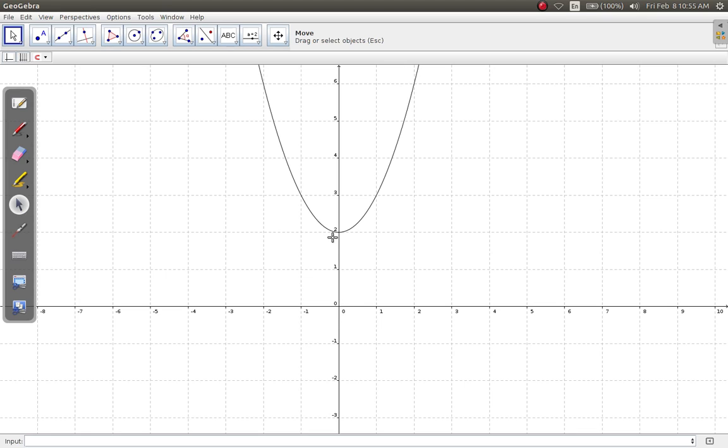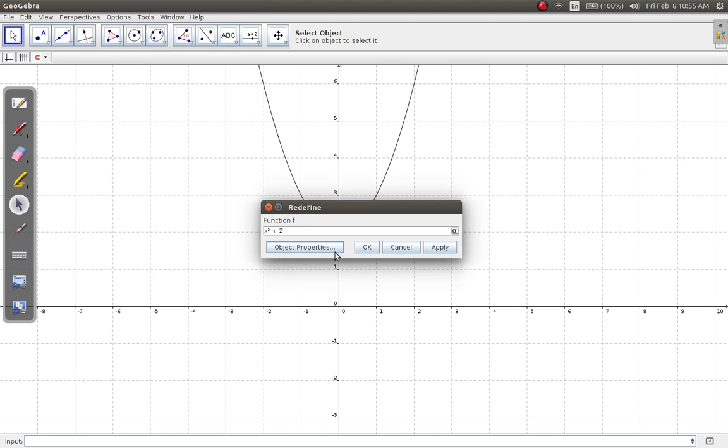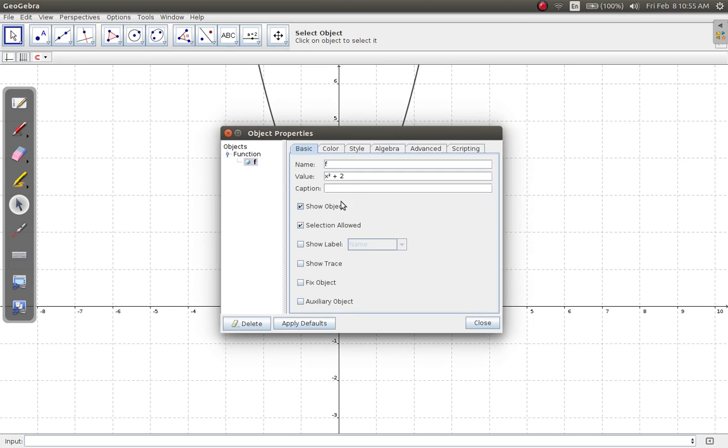It lifted the curve 2 places. What happened is that each term that was the answer for x squared, 2 was added to it. So it lifted the graph 2 places upwards. Alright? Lifted it 2 places upward.